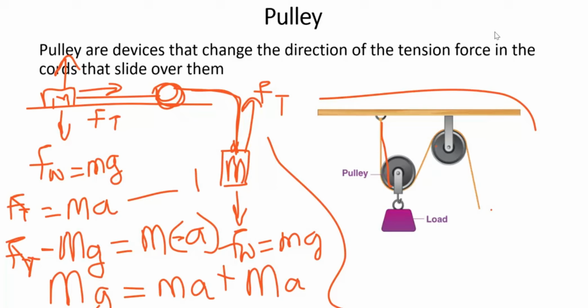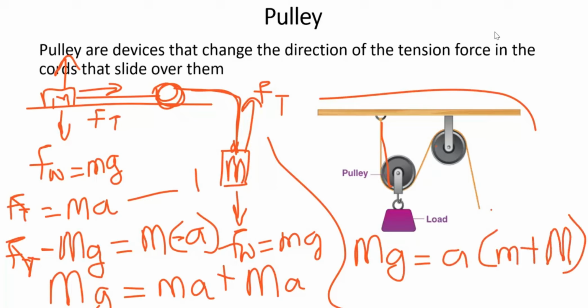Taking the items together, the big Mg will be equal to a times small m plus big M. So we can also say the big Mg divided by small m plus big M is equal to a.